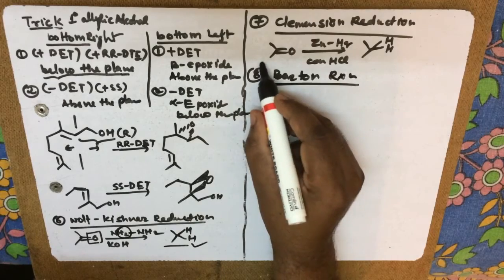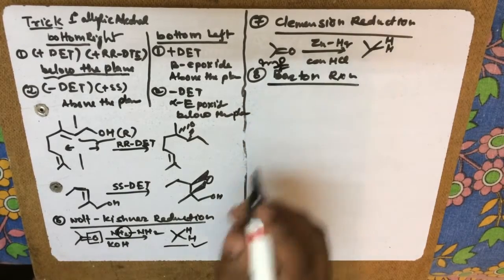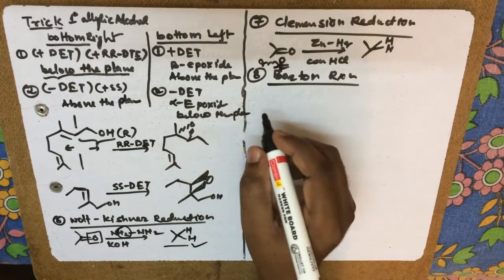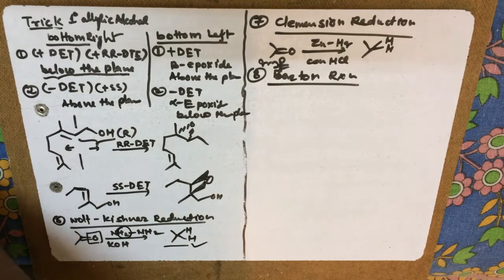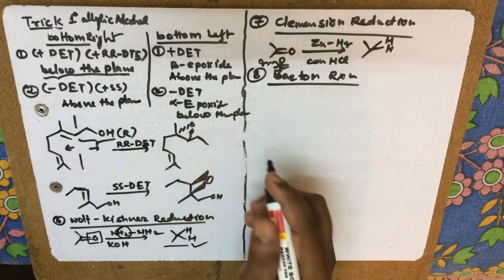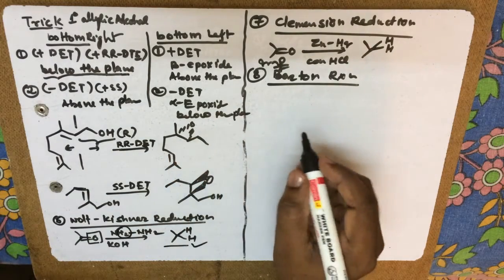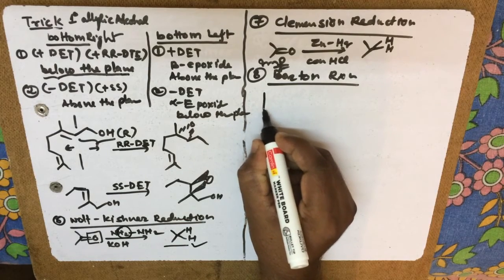This is very important. The Barton reaction says the alkyl group at the delta position with respect to the OH group is converted into the CO group.